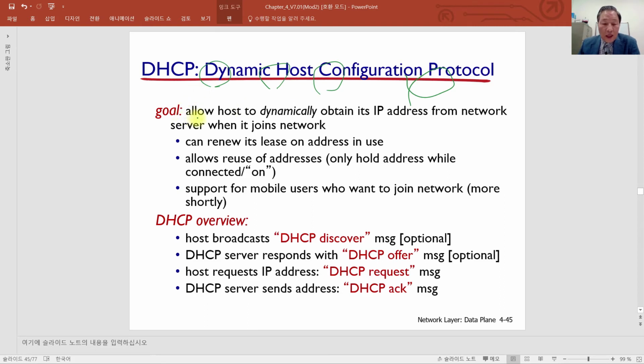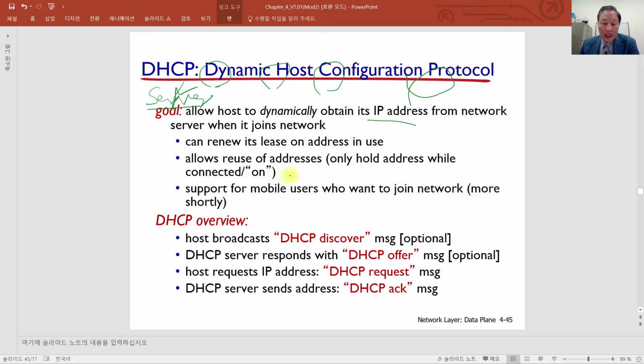The goal is to allow a host to dynamically obtain its IP address from a network server when it joins the network. This server is doing that. This server is using this protocol, the DHCP protocol. It can renew its lease on an address in use and allows reuse of addresses, only holding the address while connected.